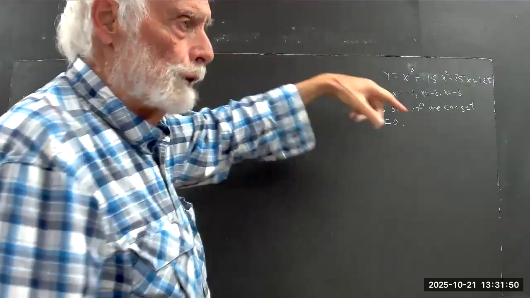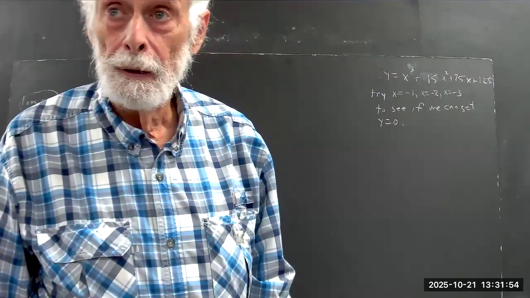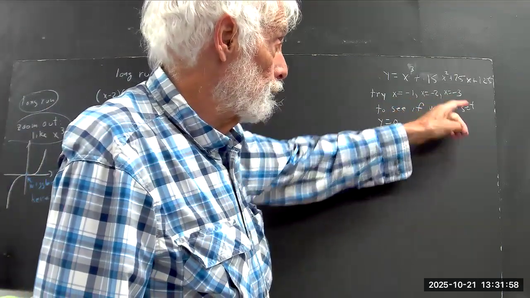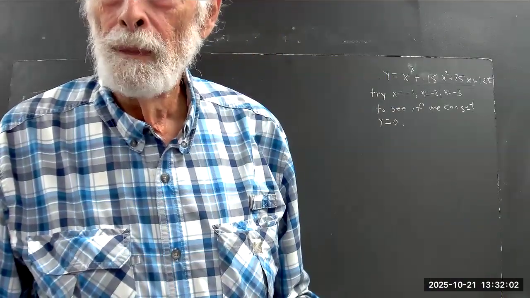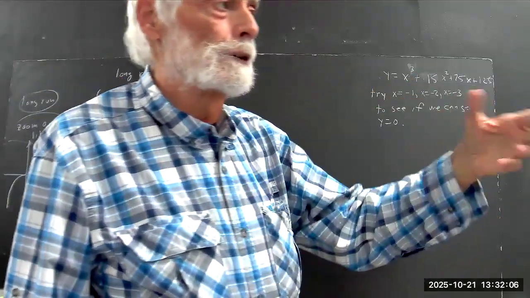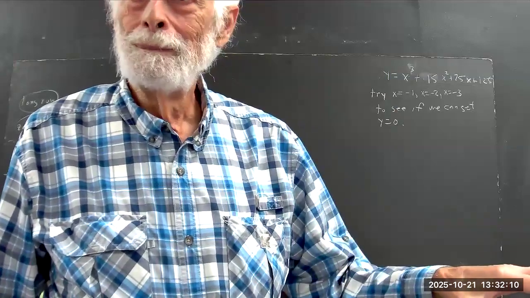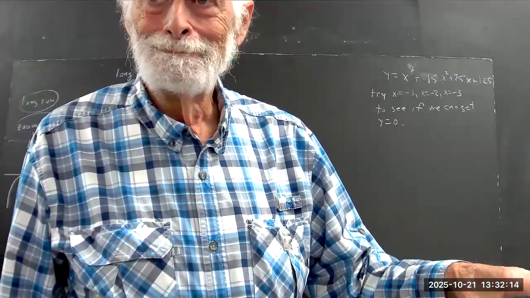What we do, and you'll see why in a minute, is we had this and we didn't know anything else about it. We might try x equals -1, x equals -2, x equals -3 to see if we get 0 from one of them. Now, in general, if you got pluses and minuses in here, you'd also try x equals 1, 2, 3. Those are small numbers. You might get lucky, and one of them might give you 0.